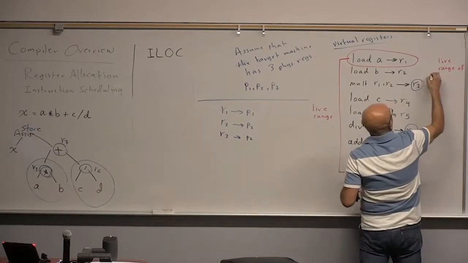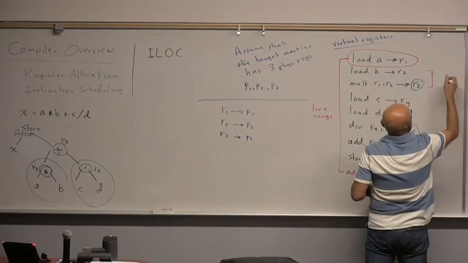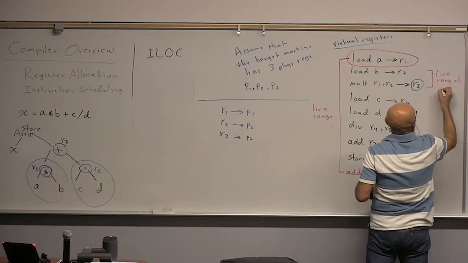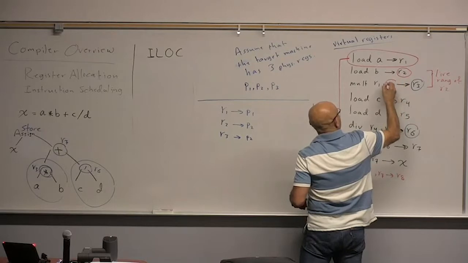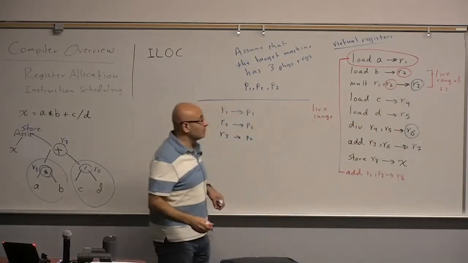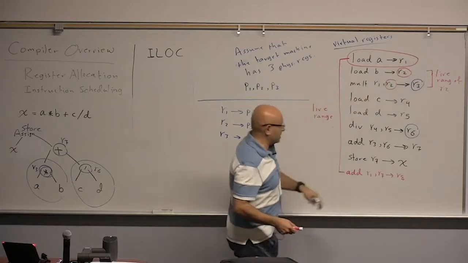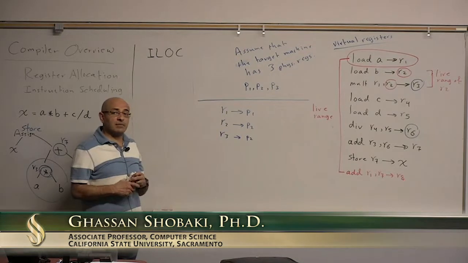So this is where we are starting with the definition. So this is the live range of R2: this is the definition, and this is the last use. While for R1, this is the definition, and this is the last use. Okay. Questions on the concept of a live range?